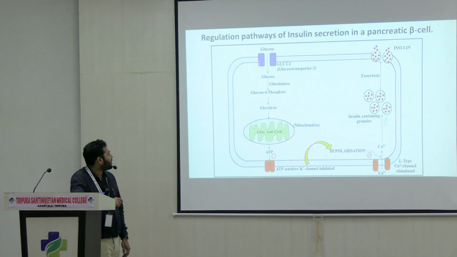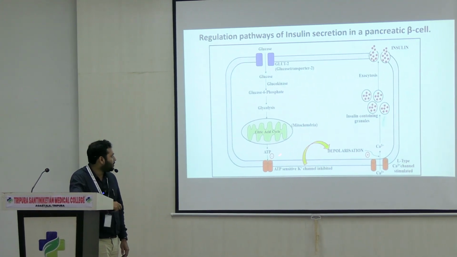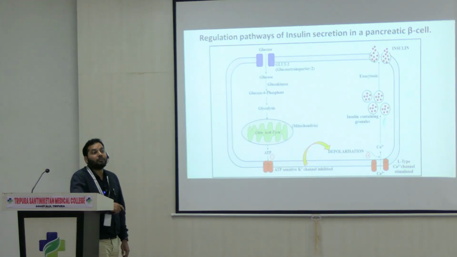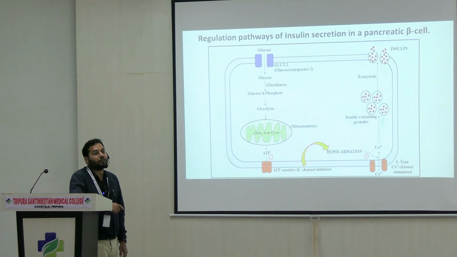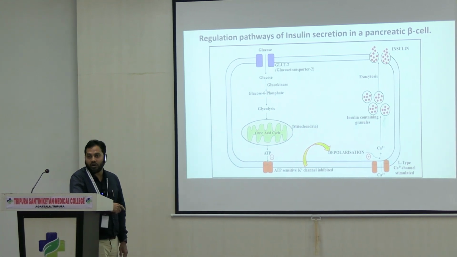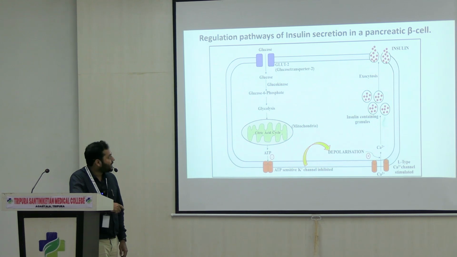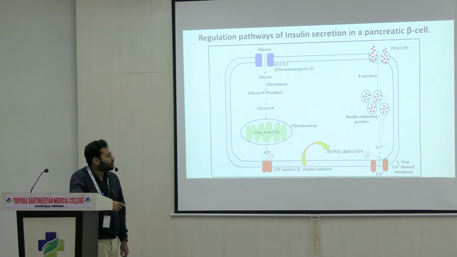This is the glucose uptake by GLUT2 transporters that undergoes cellular respiration and ultimately produces ATP, and that ATP blocks the potassium ion channels. Instead, they promote sodium and calcium influx and ultimately lead to the change in the potential of beta cell membranes, so-called depolarization of the beta cell membranes, and that allows the rapid release of insulin hormone from vesicles to the outside of the cells, meaning into the circulating blood.